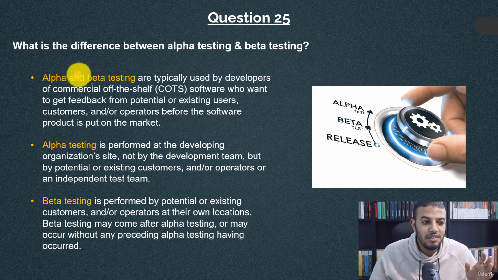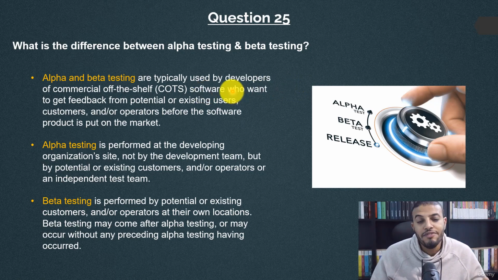So first, alpha and beta testing are used by developers of commercial off-the-shelf software. For example, something like Office, okay, or Windows. Any software that can be, for example, downloaded from the website or added to a CD-ROM or on a flash memory. This is a commercial off-the-shelf.